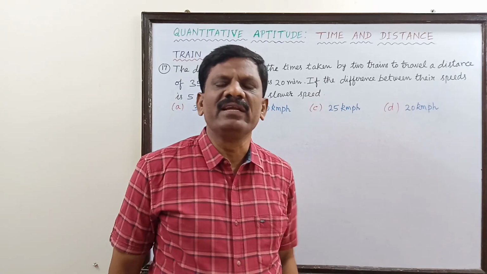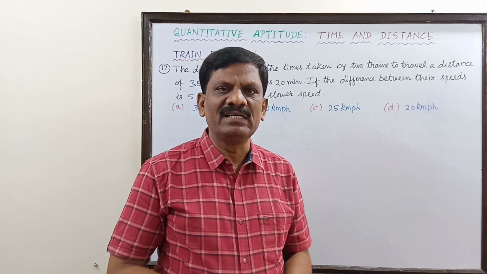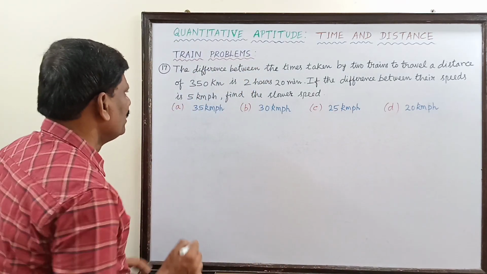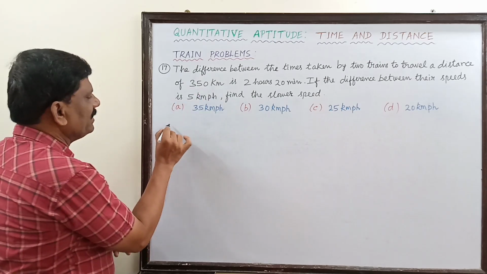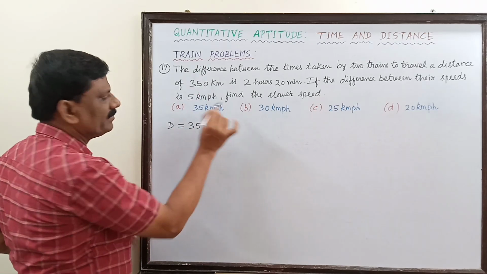So the faster train is going 5 km per hour greater than the speed of the slower train. We are asked to find the speed of the slower train. Now both the trains are traveling a distance d equal to 350 km.